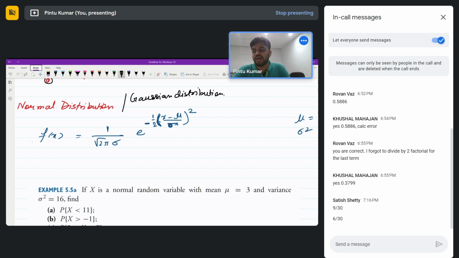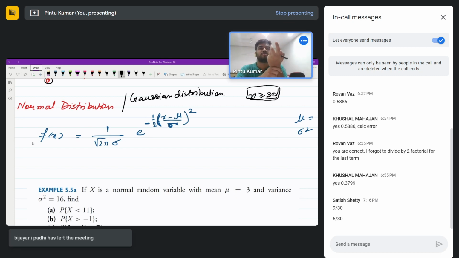First, if you have a sufficient number of samples, which people generally say is more than, let's say, 30 samples, then the data points that you have collected follow a normal distribution. So if you don't have any idea about your data points, then the best distribution to fit is the normal or Gaussian distribution.